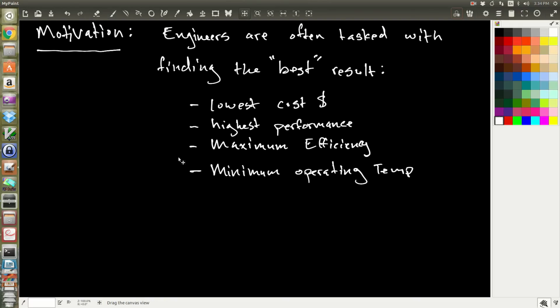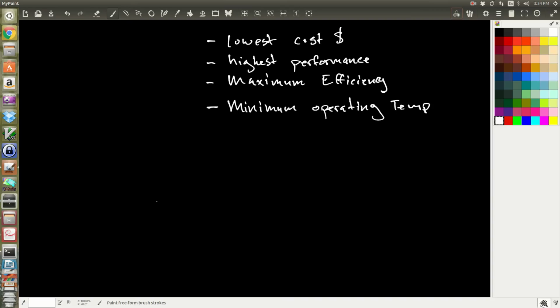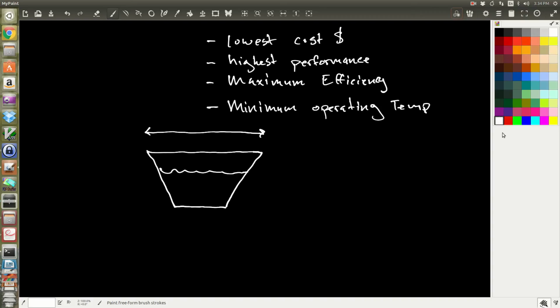So, I mean, we can think of some more concrete examples. Maybe we're tasked with designing a tank or a pipe, or a duct, I should say. Let's say a duct, and it has some width here, and it has some water in it. So this is water in here. Okay, and the way it's designed, it has some angle here and some length here.